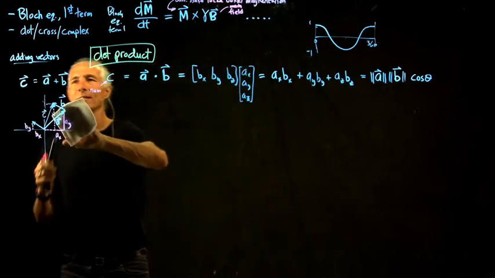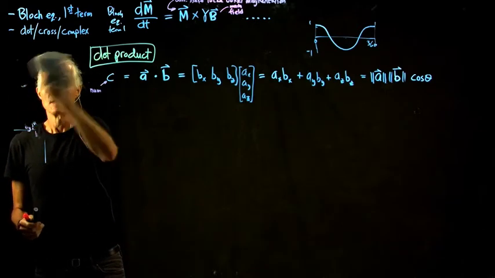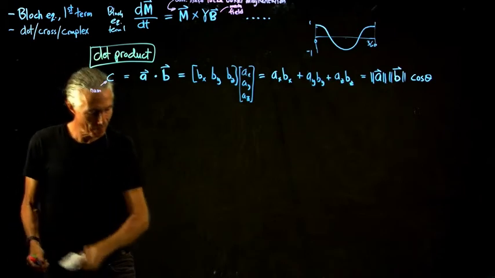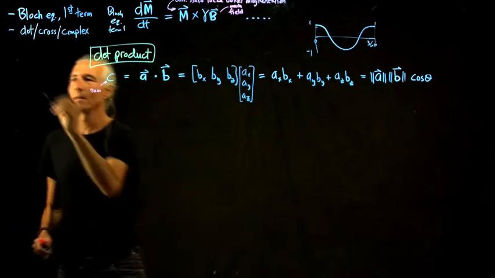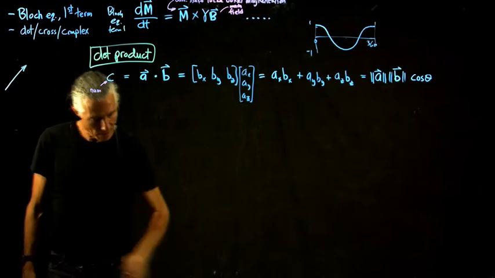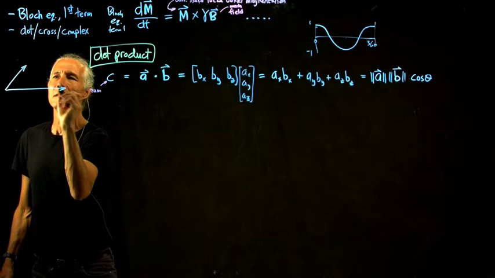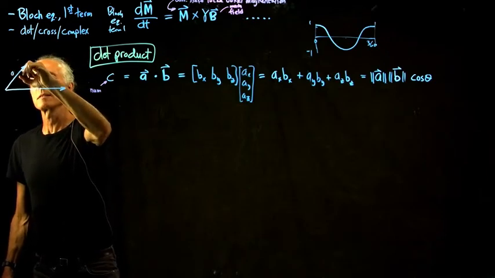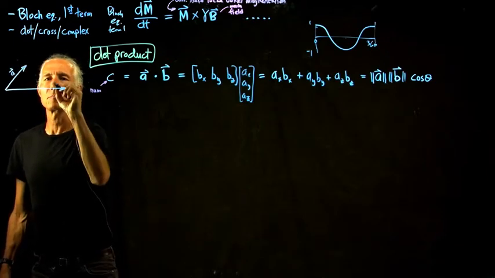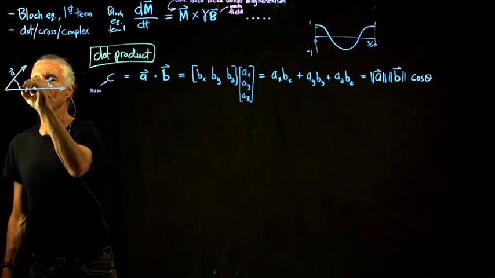So I'm going to erase the simple adding of vectors here. Let's draw the picture. Let's say that's the A vector, that's the B vector. It's the angle between those.